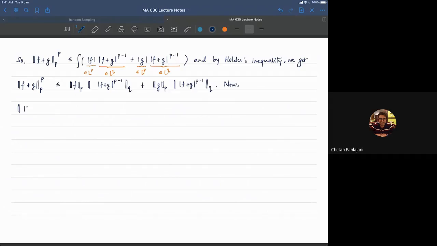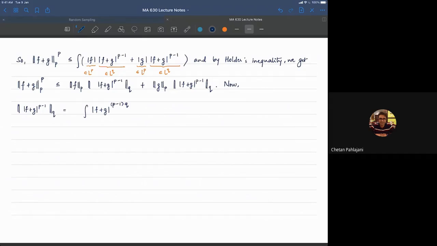Now, if I look at absolute value of f plus g to the p minus 1 and I look at its q norm, what is that going to be? Well, to get the LQ norm, you should take the qth power, integrate, and then take the qth root. So I will take absolute value of f plus g to the p minus 1, then take its qth power, so I'll multiply by q in the exponent.